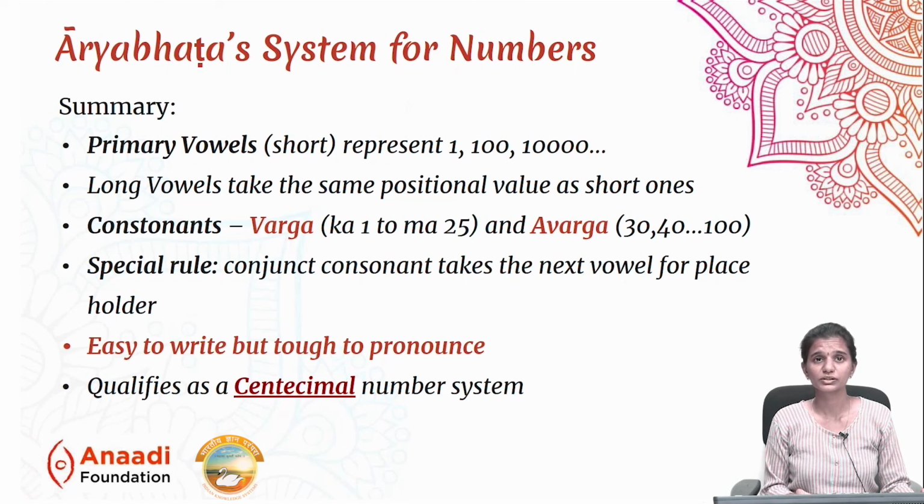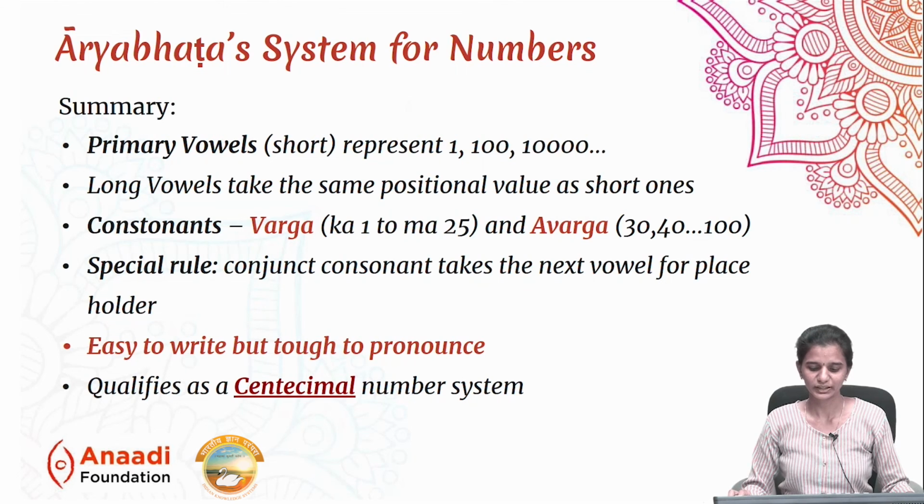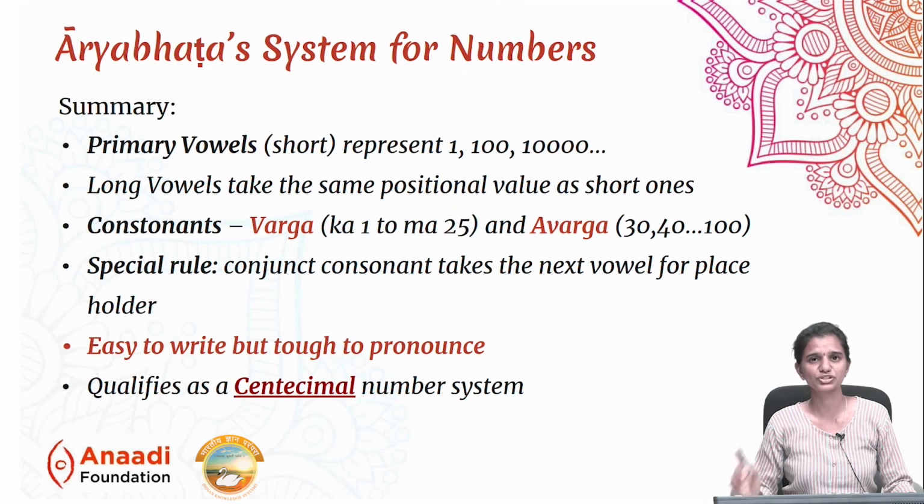The consonants were split into 2, that is Varga and Avarga. In Varga, the numbers were from 1 to 25 increasing in a linear fashion. In the Avarga, the value increased by 10. There is a special rule. For the conjunct consonant, it will take the value of the vowel that is attached to the adjacent consonant.